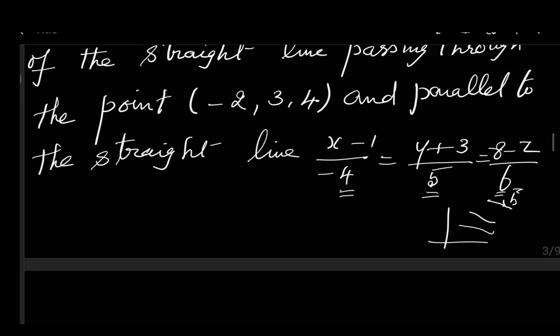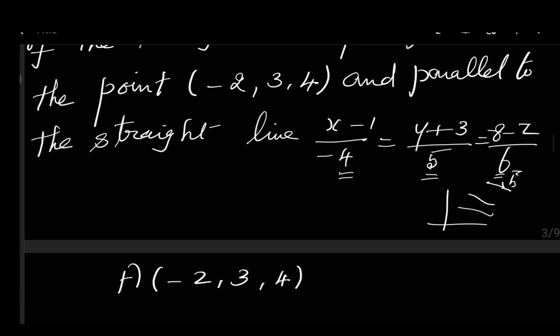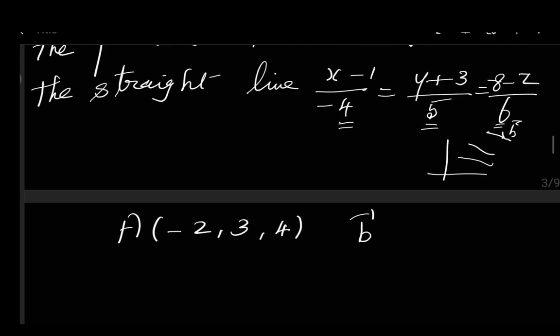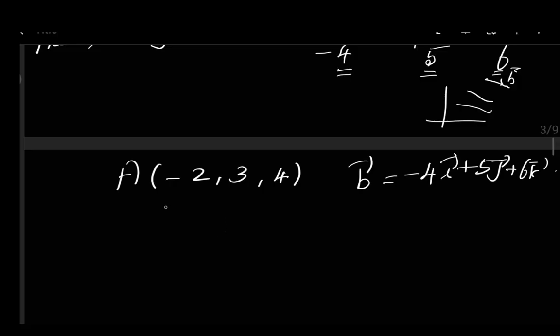So the point a through which it passes is minus 2, 3, 4. And our parallel vector b is the same as that of the given line: minus 4i plus 5j plus 6k. So both the lines are parallel to the same vector. Therefore our line is passing through the point and parallel to the vector. First we need to find the parametric form.